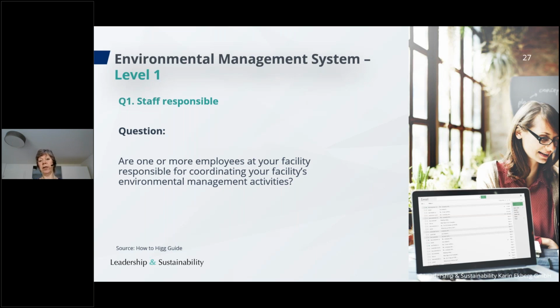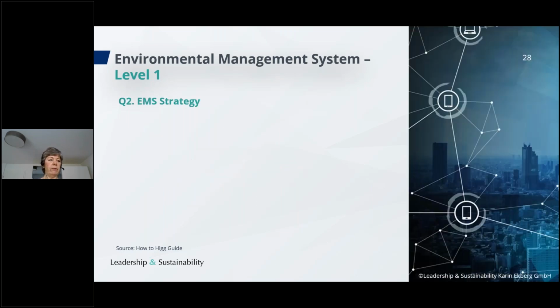Perhaps they are overseeing only chemicals management, etc. So all the persons who are involved in some way or another with the environmental program should be listed here. And during verification, you will also need to show the documentation that you have available.